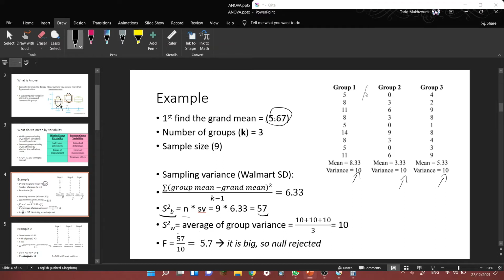Okay, so that means that there's something happening between the groups that's creating a bigger difference than patient factors are. So basically the drug works here, right? And so we reject the null.